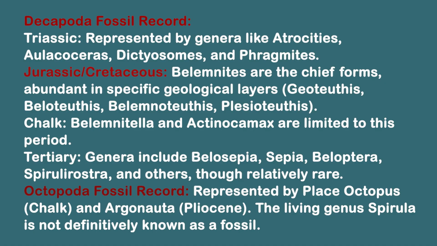In the Jurassic and Cretaceous, belemnites are the chief forms and are especially abundant in the argillaceous beds. However, they are also found in great abundance in the arenaceous beds and in the carbonate rocks as well.